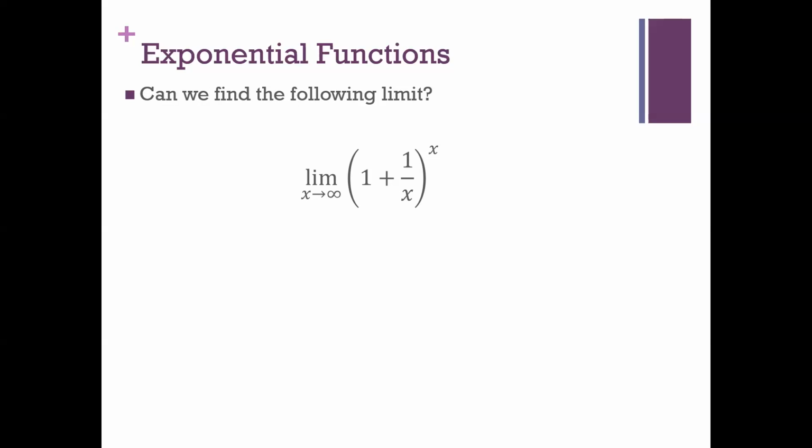The 1 over x is going to approach 0, right? So it looks like it should be 1 because the inside of this thing is going to go to 1. But couldn't you also say that it's going to just keep getting larger because I'm raising these numbers to bigger and bigger powers? So which one of those is going to win, right?